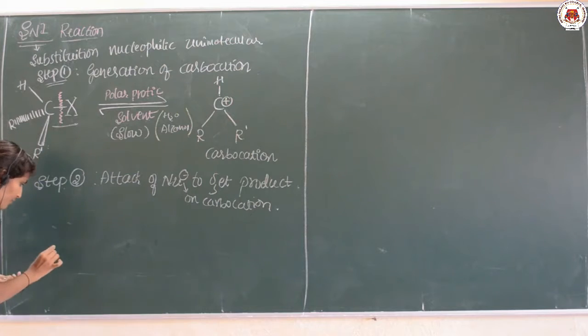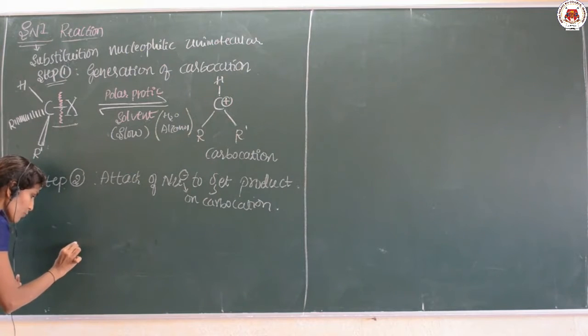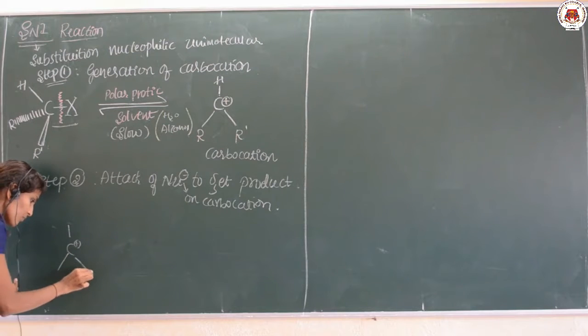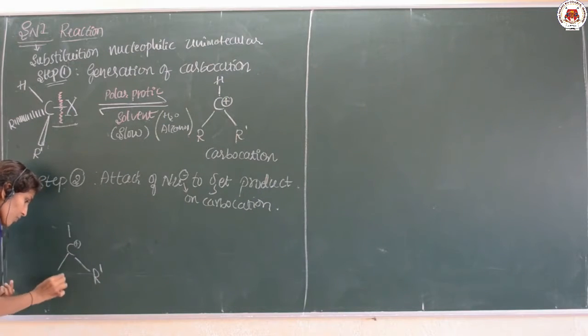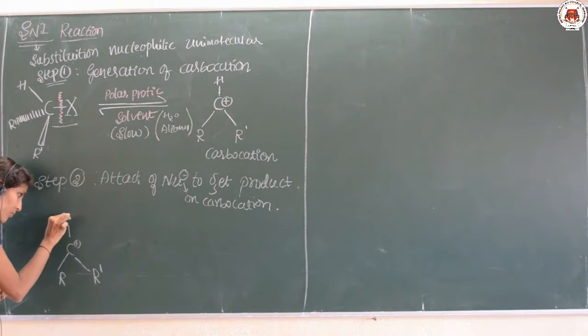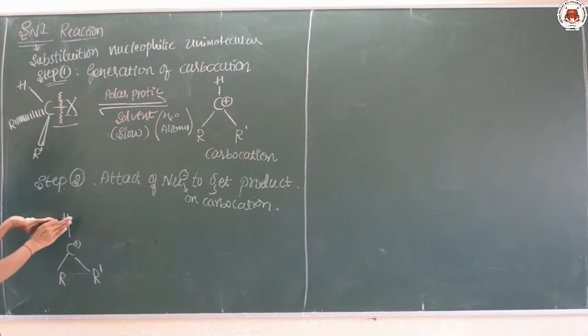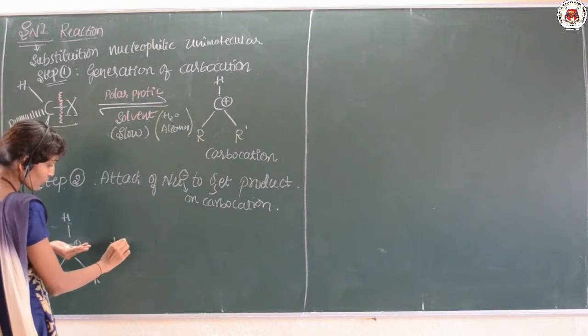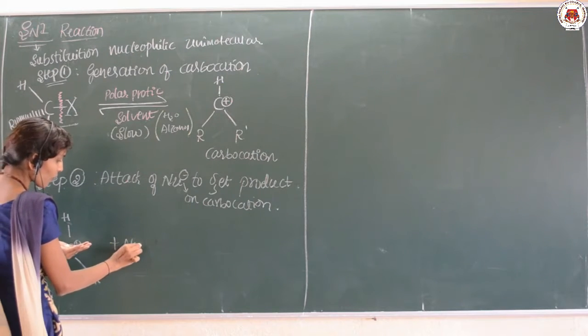So, see here, this is our carbocation which is formed like this. Okay. So now this is a trigonal planar which is in the same plane. Now the nucleophile wants to attack on this carbocation.